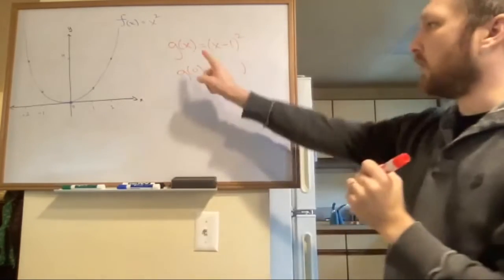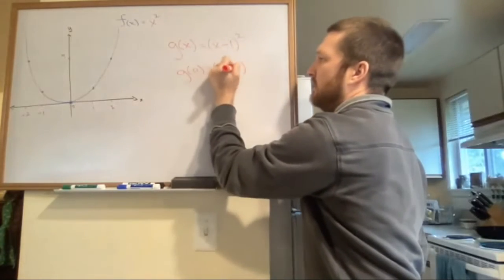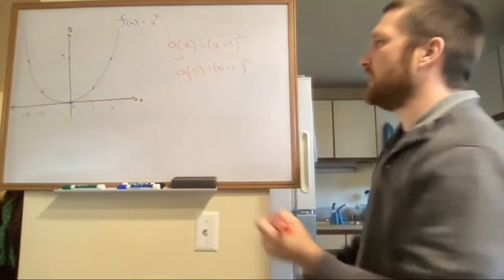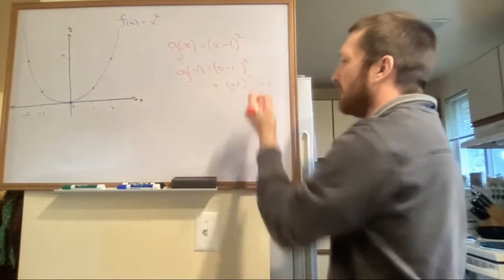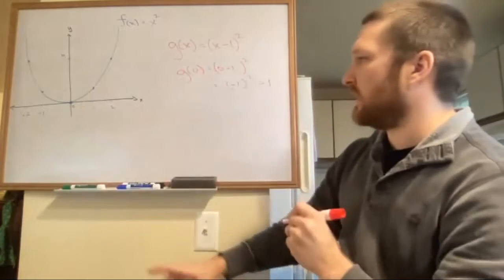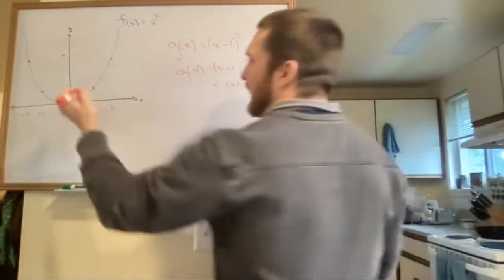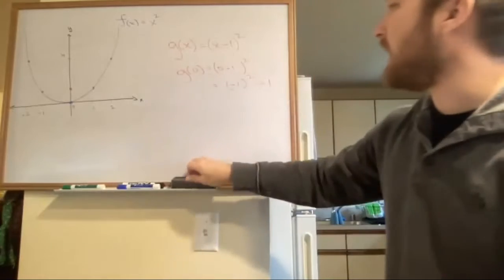I'm going to say, okay, symbols here, that needs to match that. So 0 minus 1 is indeed minus 1. I take that and square it, and I get out a positive 1. So g, this red function that I'm going to draw, when I plug in a 0, I get out a 1. So, boom, it's right there.